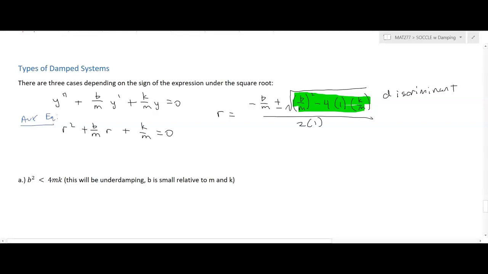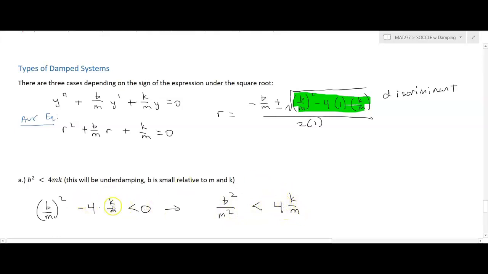So if we look at that, we ask ourselves, when will this quantity be negative? When will b over m squared minus 4 times k over m be negative? In terms of the b value, if I do a little bit of algebra, I see that this is b squared over m squared, which is less than positive 4k over m.